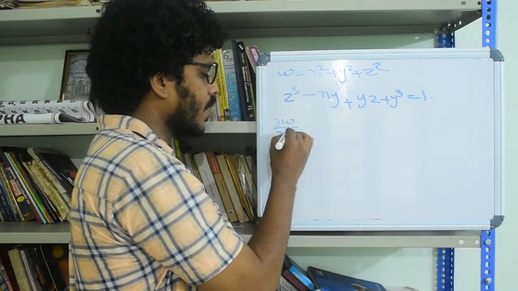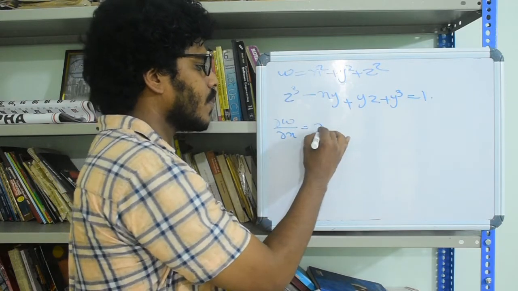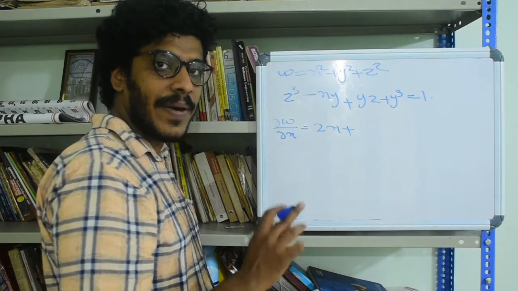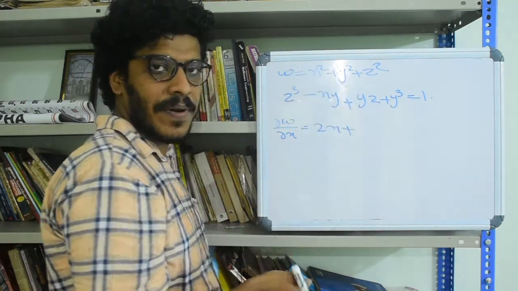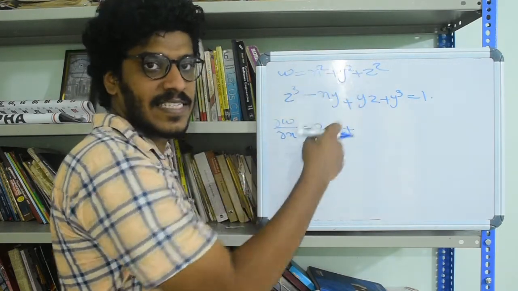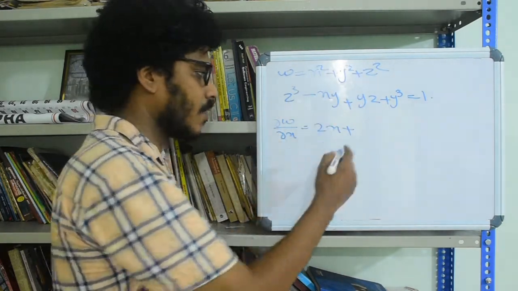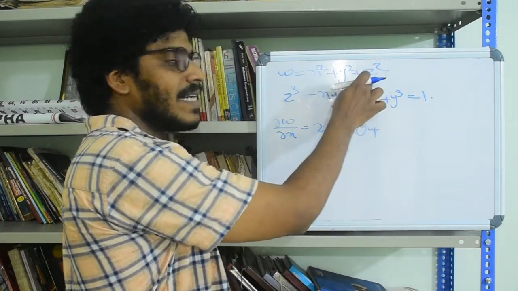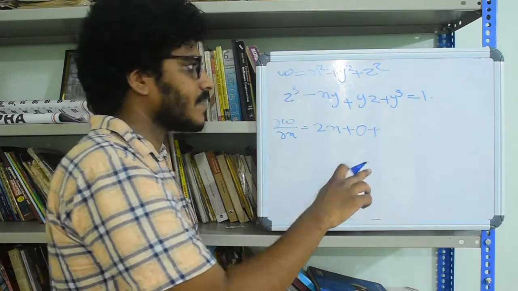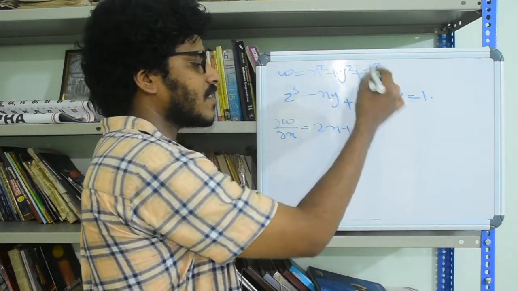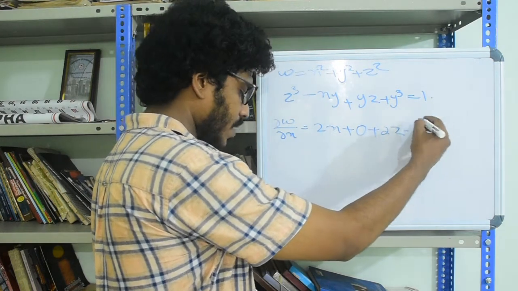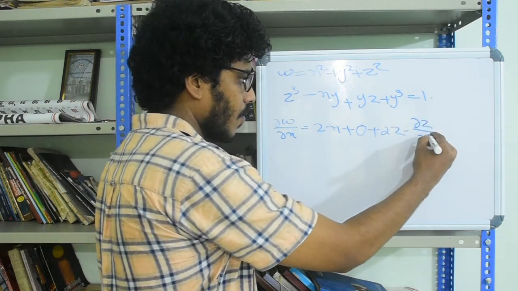Dou w by dou x is equal to 2x plus, since x and y are considered to be independent variables, y does not depend on x. So when we differentiate with respect to x, y, which is independent of x, will have derivative 0. Plus z is a dependent variable, which means z may depend on x. So the partial derivative of z square with respect to x will be 2z into dou z by dou x.